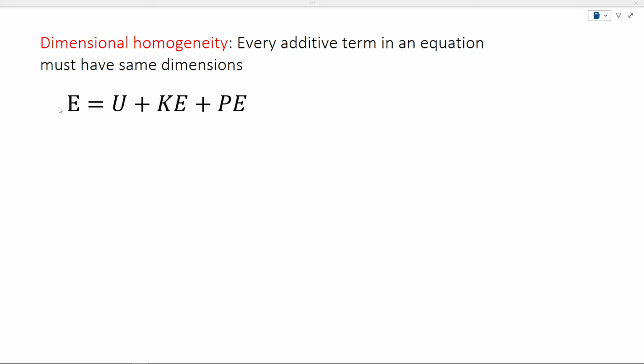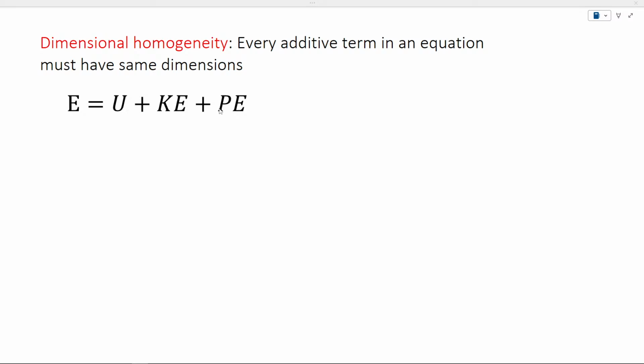Here I'm just showing you an equation of energy. The total mechanical energy is equal to the energy due to pressure gradient, plus kinetic energy, plus potential energy.